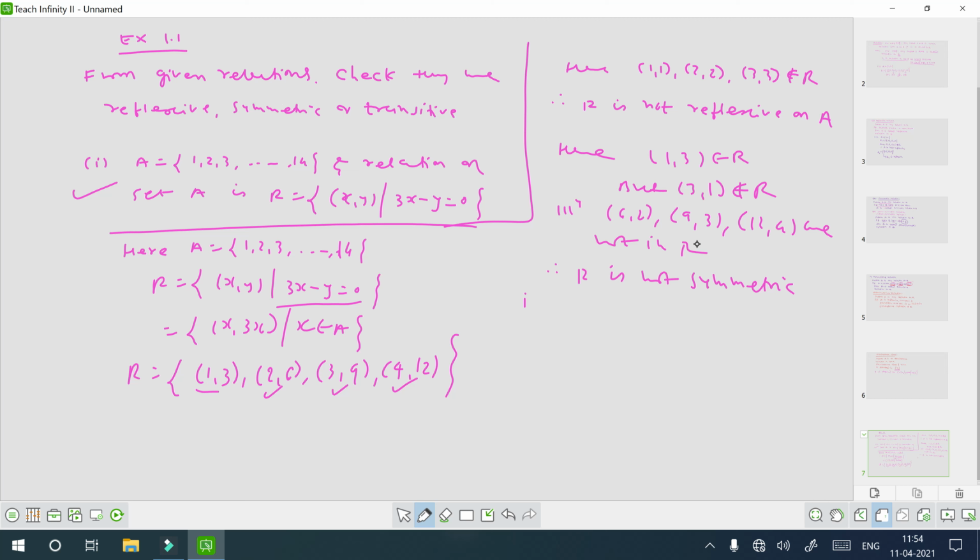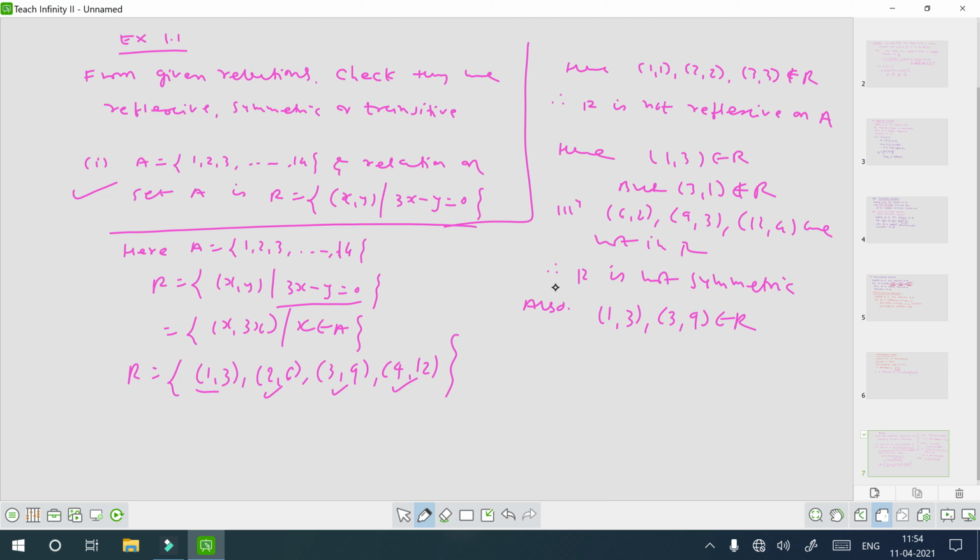Same way, next condition we have to check here. See, (1, 3) and (3, 9) both are in R. What is the definition of transitivity?